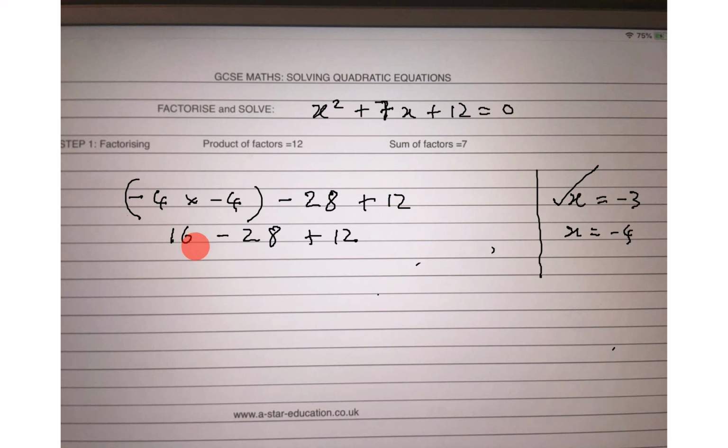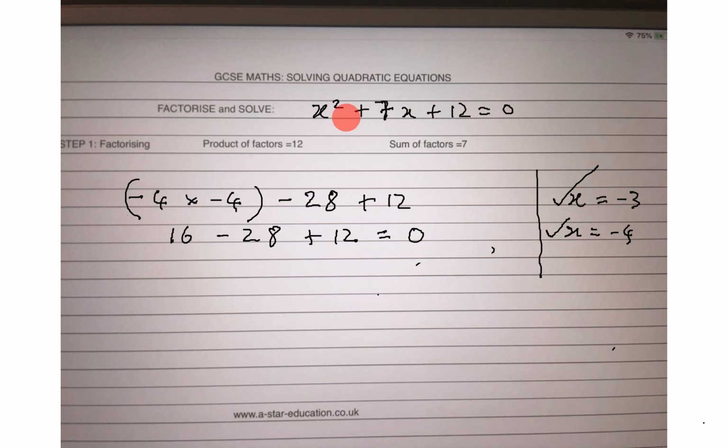So 16 minus 28 plus 12, when we sort that all out, we should find that that comes to 0. So that's great. So we've substituted x equal to minus 4 into the original equation, and it's given us 0. So that shows that this is also a solution to this original equation.